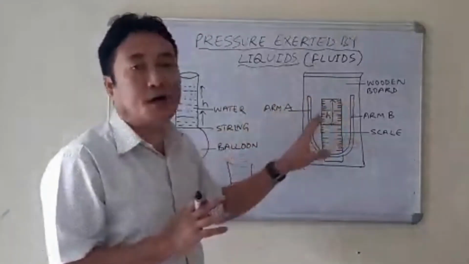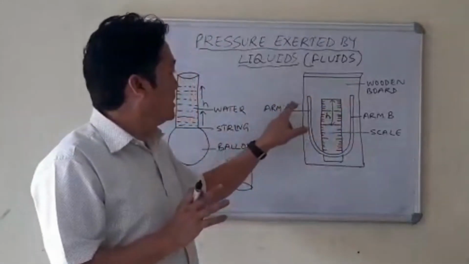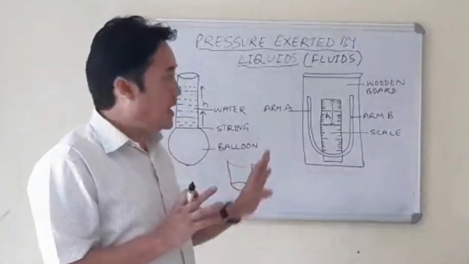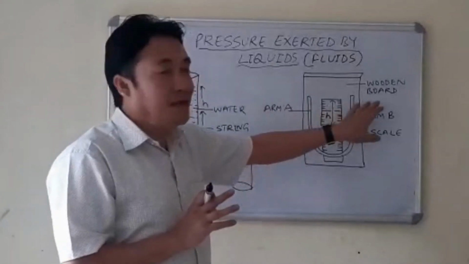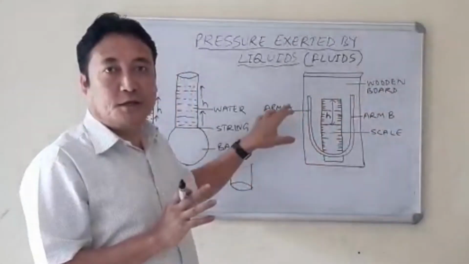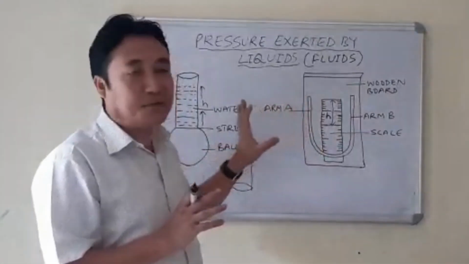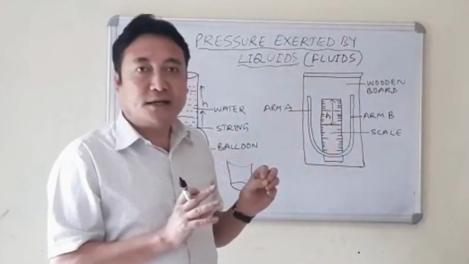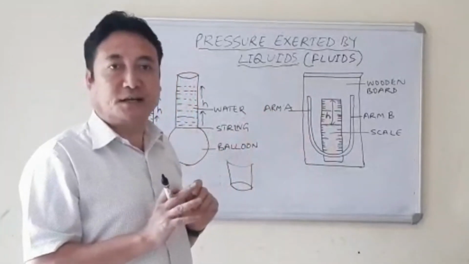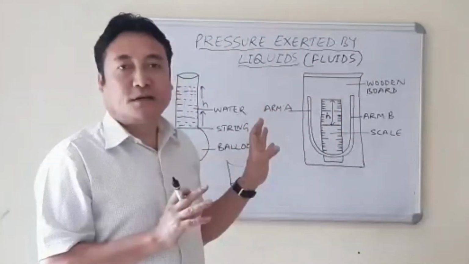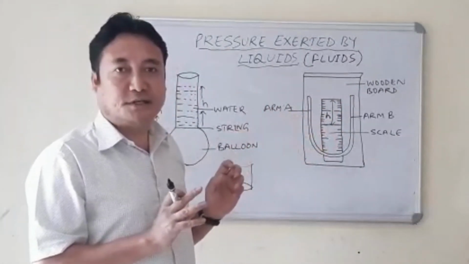It consists of two arms: one is arm A and the other is arm B. Arm B, the other side, is left open, and arm A is connected with a container containing liquid.